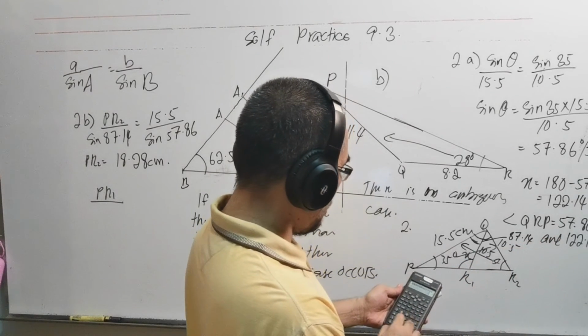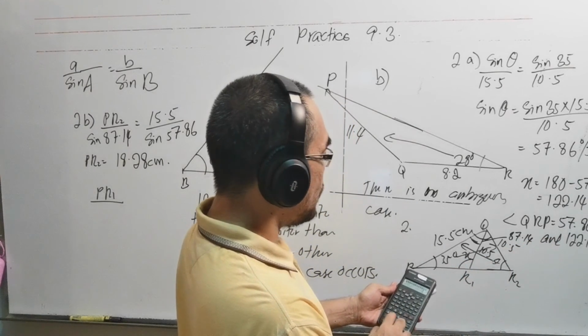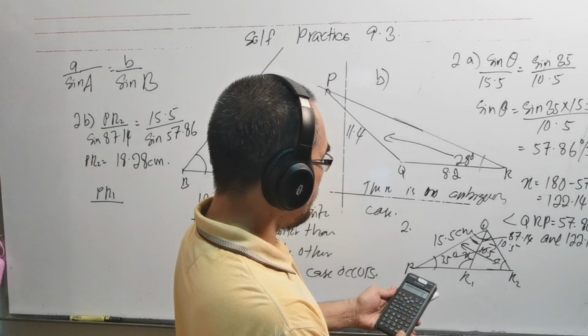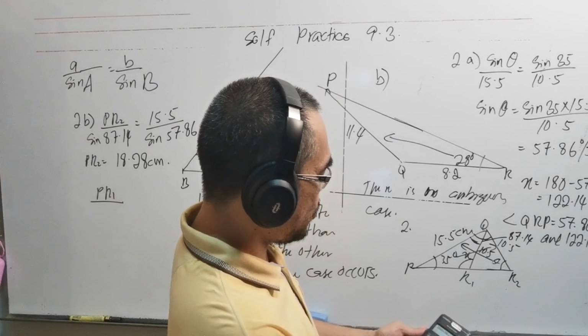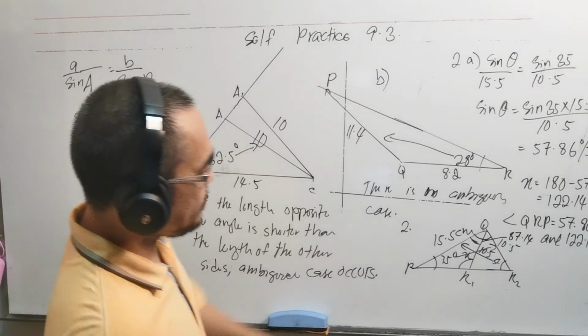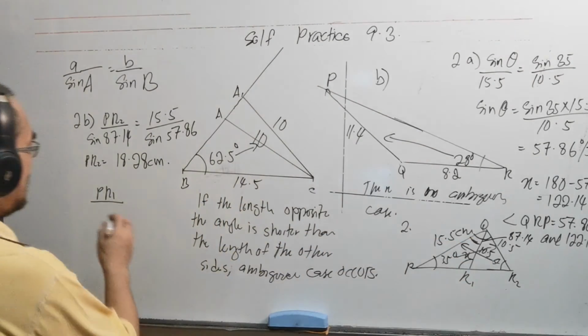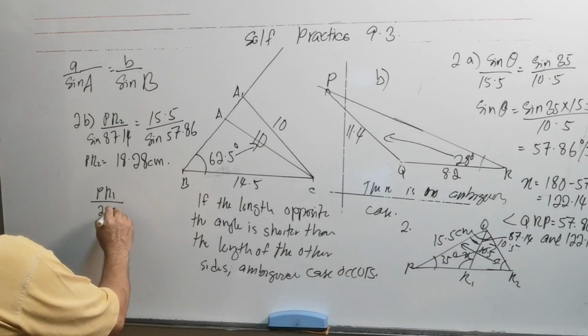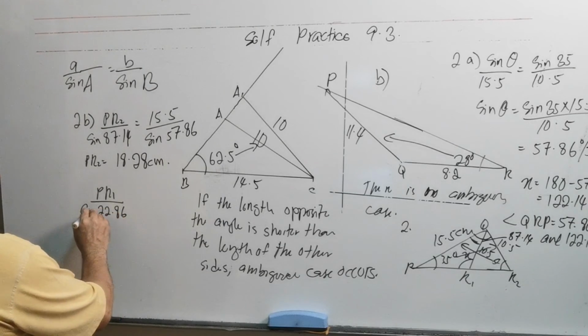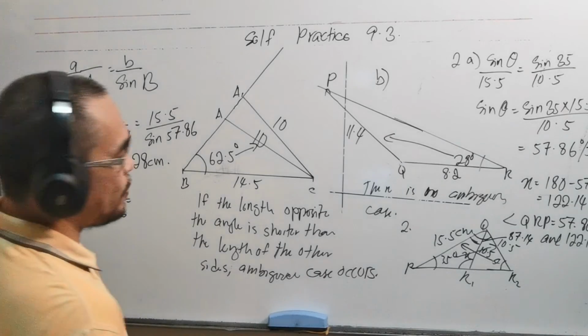X is 122.14, which gives 22.86. So angle at Q will be 22.86.